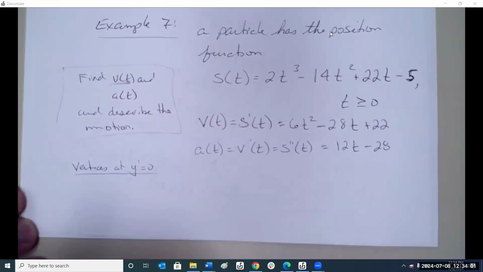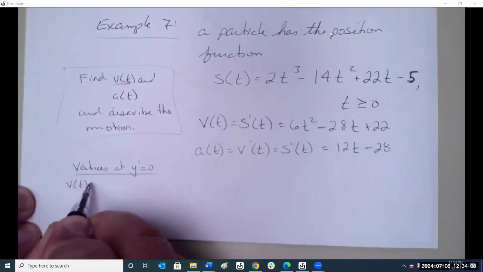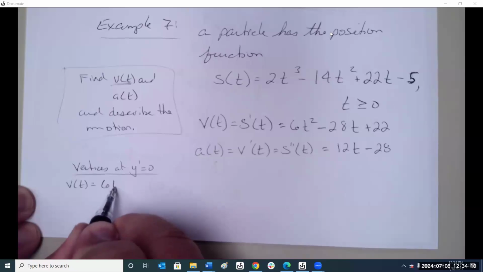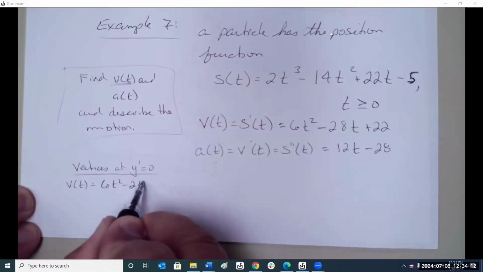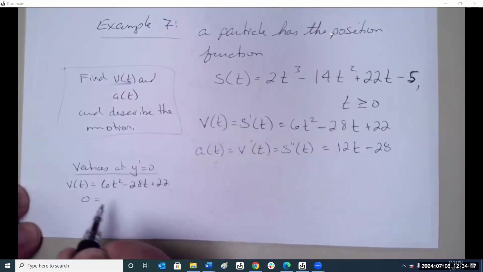We get vertices where the first derivative equals 0. And the first derivative is the velocity. Set that equal to 0.